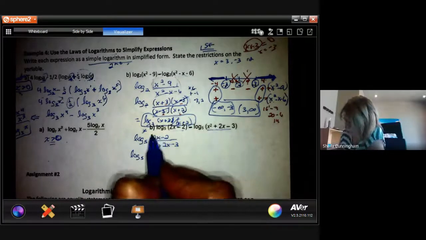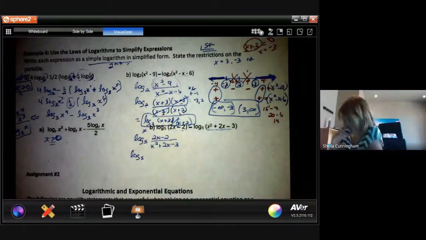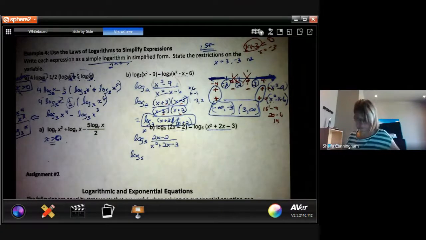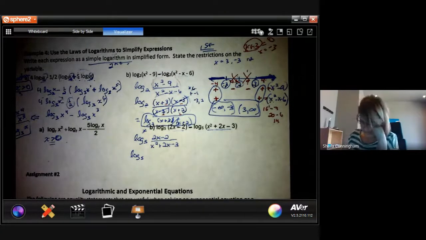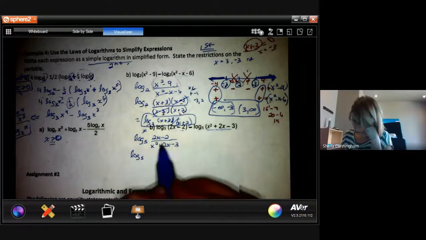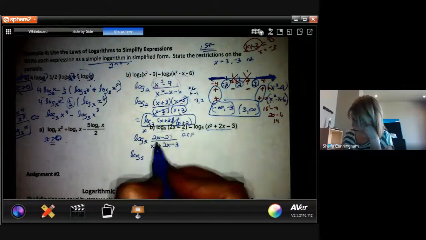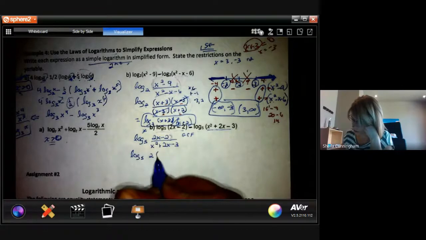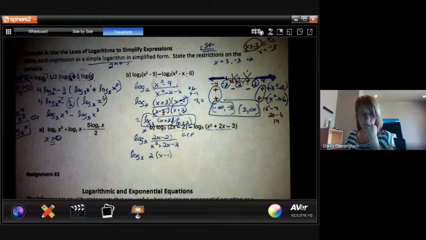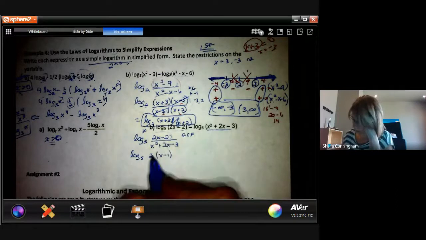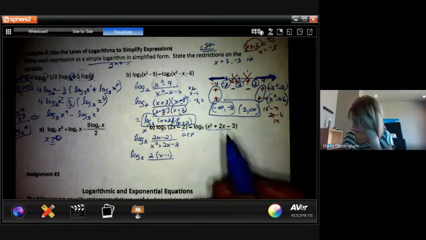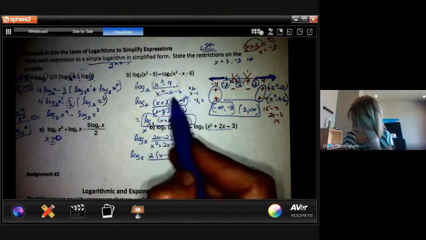Any idea how we can factor the 2x minus 2? Think about if you can take out a greatest common factor, GCF. So in this instance, can you take out a 2 and you're left with an x minus 1? And then on the bottom, we're back to factoring a trinomial like what we did above, right?